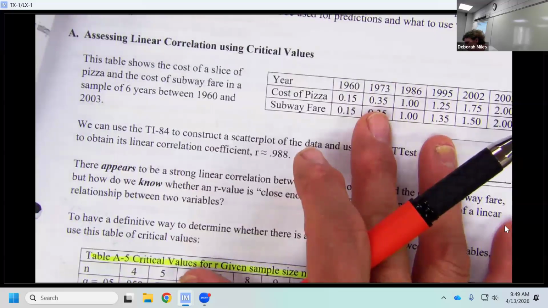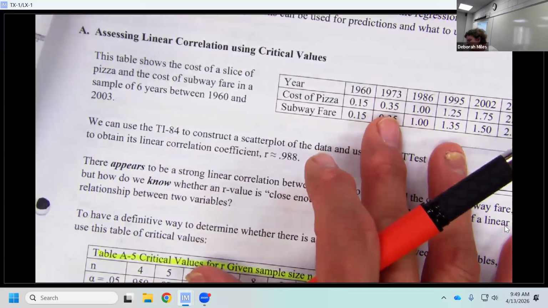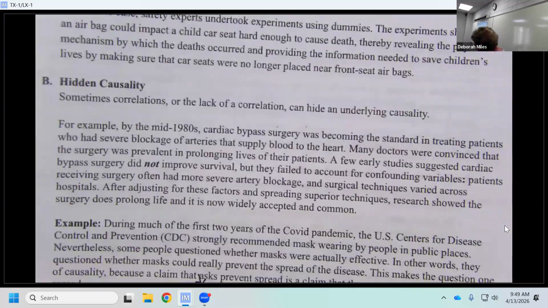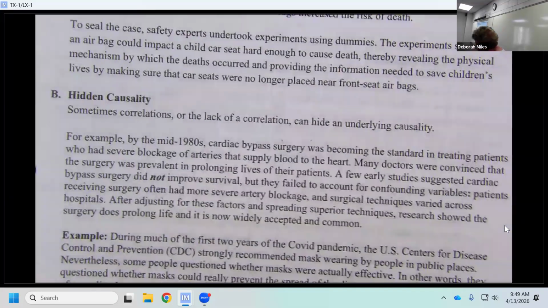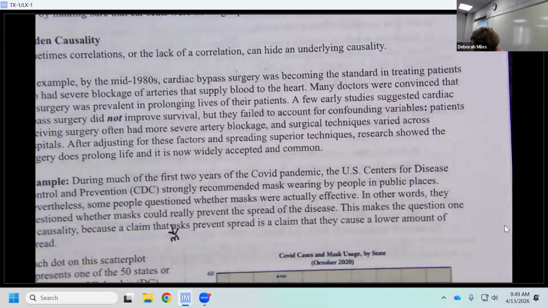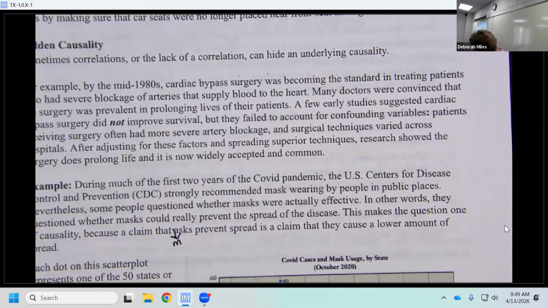Notice that Wyoming doesn't fit the trend well. Can you think of a reason why Wyoming might not be expected to fit the trend? Here's Wyoming right here. Only maybe 58% of people were wearing masks when they were in public, but yet they had a comparatively low number of new cases. Small population.